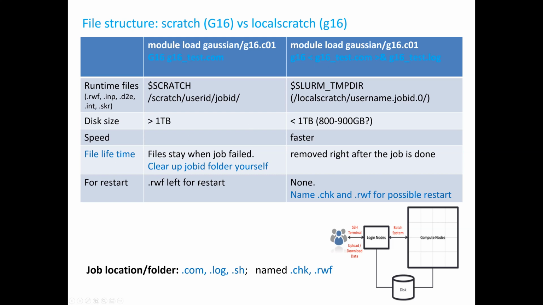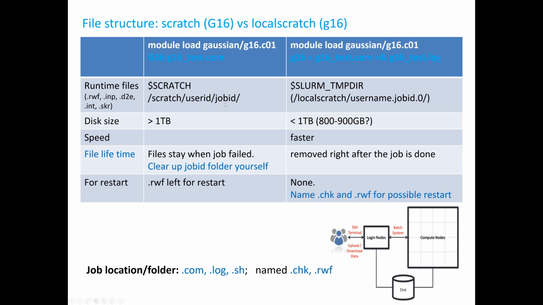So the difference is when your job is done, whether it failed or succeeded. For your files on Scratch, if your job failed, all those files will stay. They're still there. If your job is completed, all those files will be removed by Gaussian.